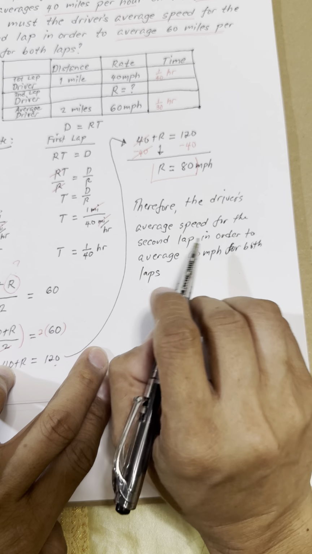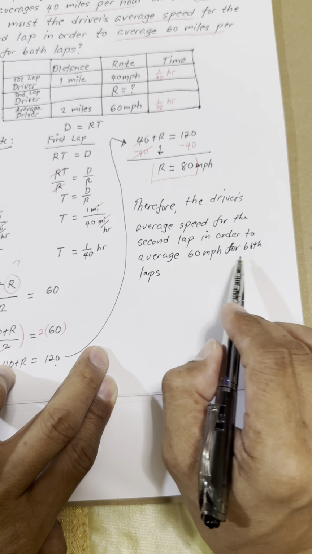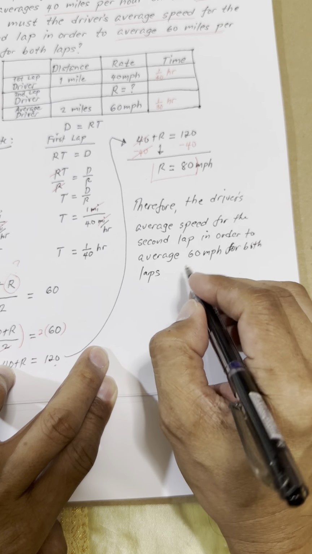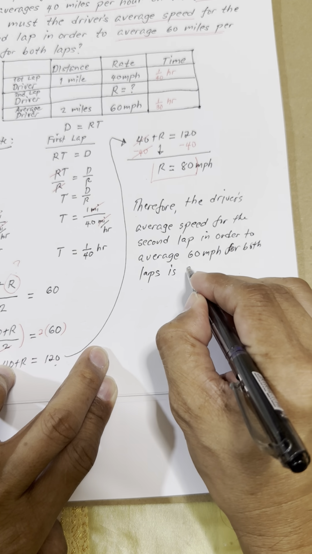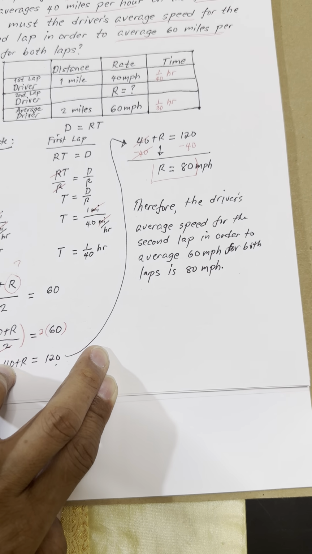Therefore, the driver's average speed for the second lap in order to average 60 miles per hour for both laps is 80 miles per hour. So this is our final answer.